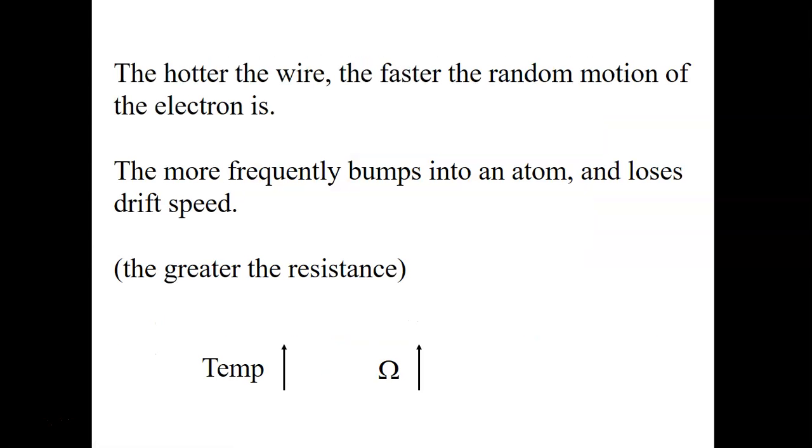So the reason that the resistance of a wire goes up as temperature goes up is the hotter the wire is, the faster the electrons are moving, and the more rapidly they're bumping into the atoms. In doing so, they're getting slowed down more and more, or they're getting more resistance.